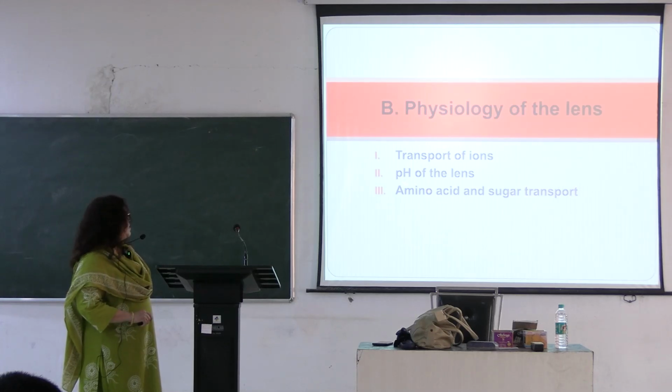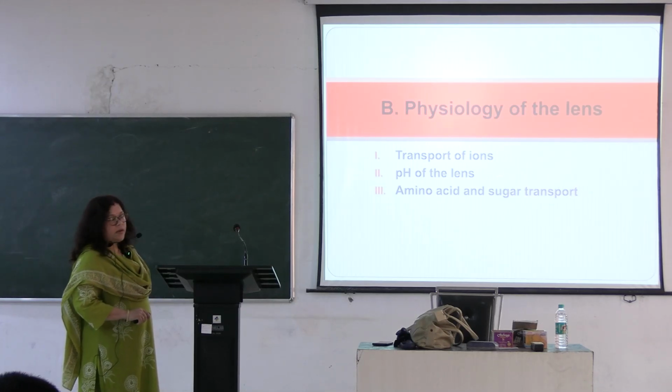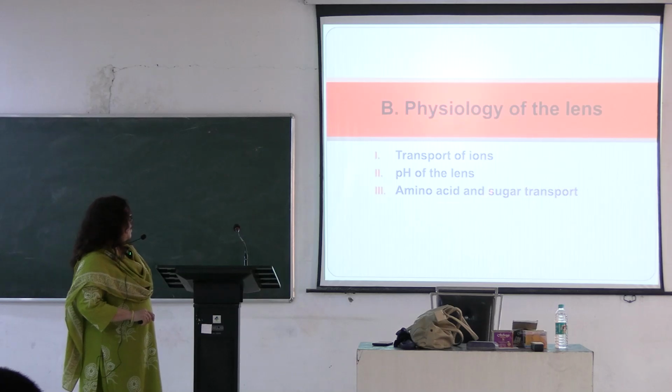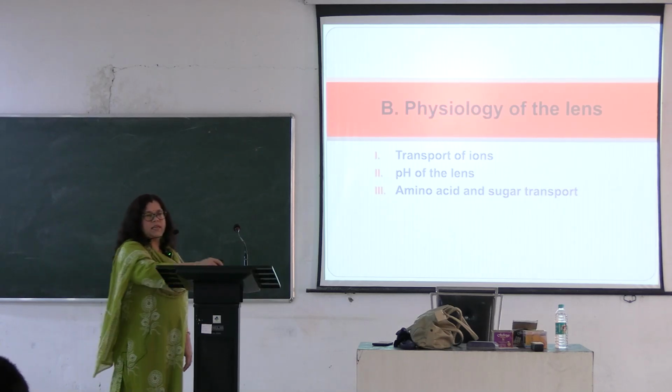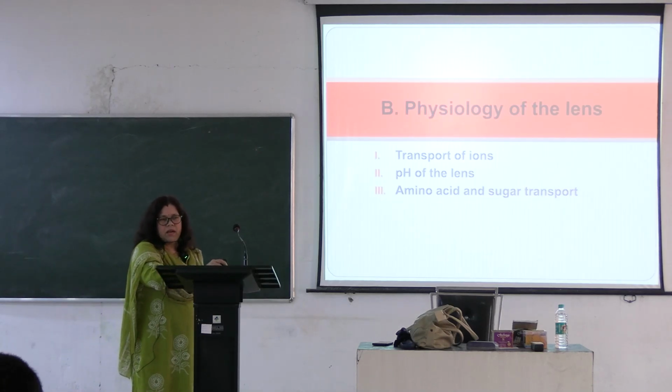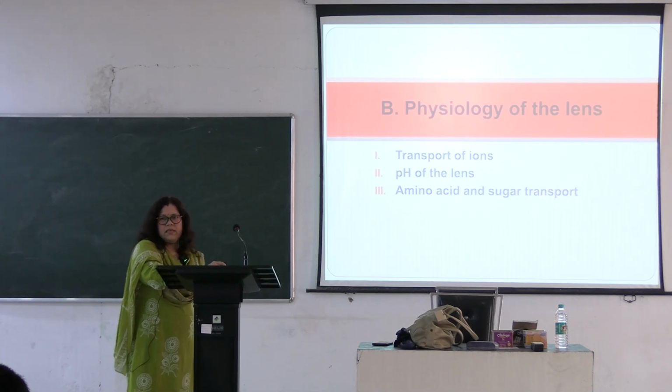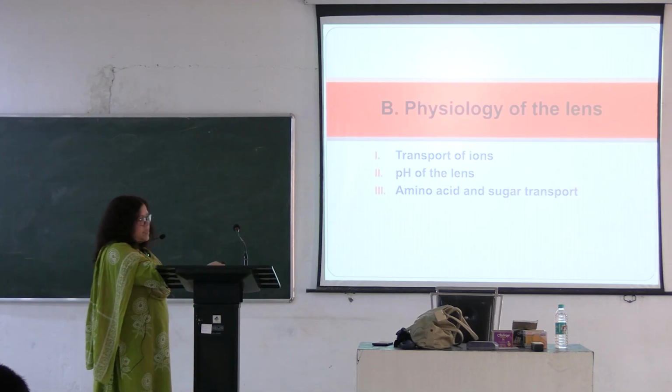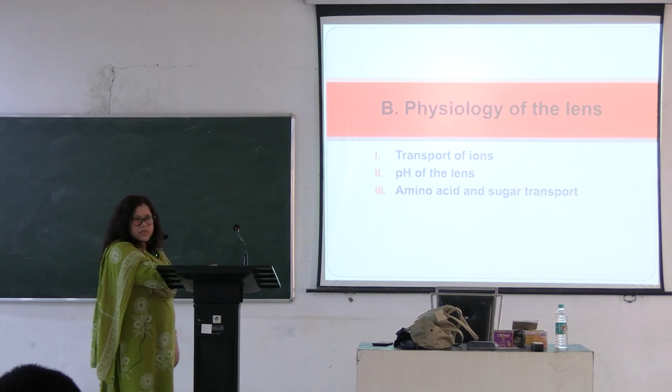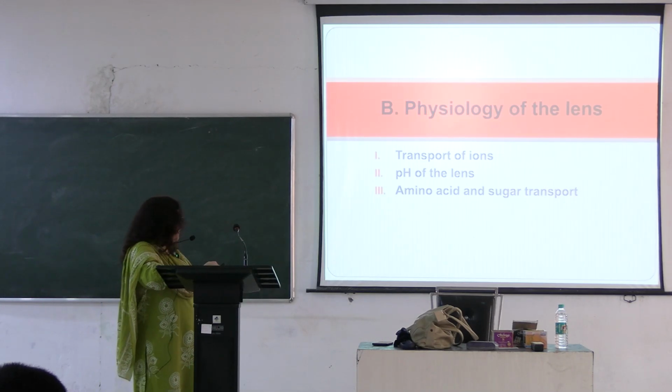And if there is any disturbance, if the pH is raised or decreased, or any abnormality occurs in amino acid and sugar transport, in diabetes mellitus or any metabolic disorders, then disturbances occur and that causes formation of cataract.